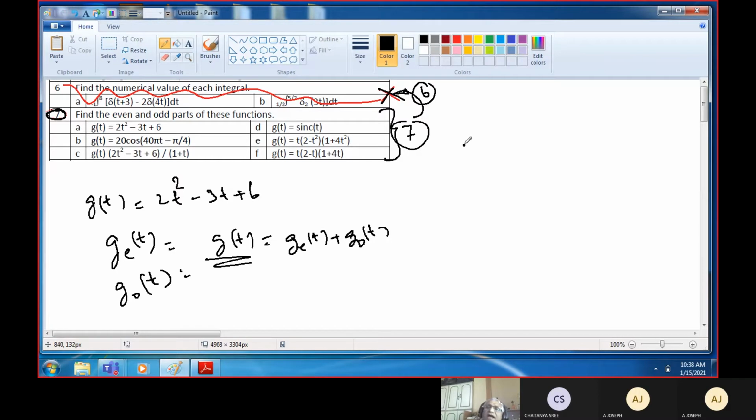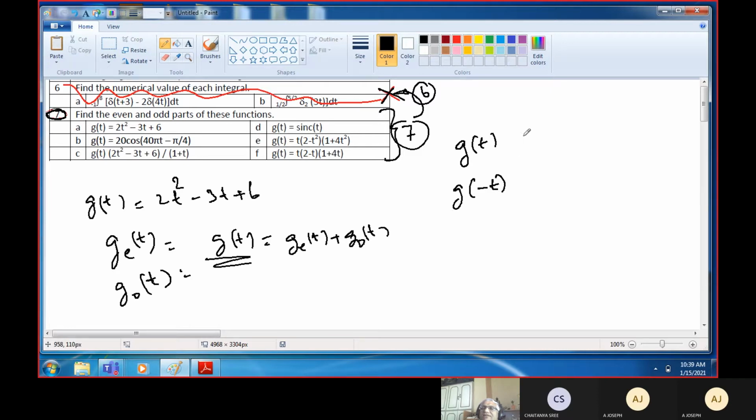Supposing I have a function g of t. I want to replace t with minus t. I'm replacing t with minus t, and I look at that function. I find that there is no difference between g of t and g of minus t.